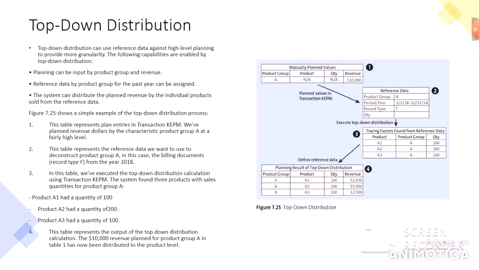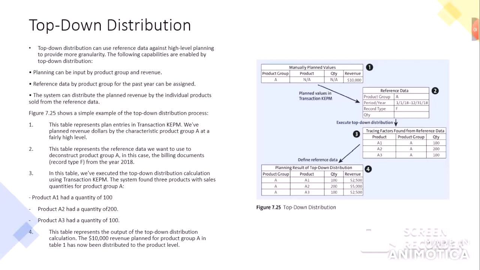So let us see the numbers. Manually planned values, Product A, 10,000. So planned values in transaction KEPM. Product group A, period or year, record type F, and execute top-down distribution.